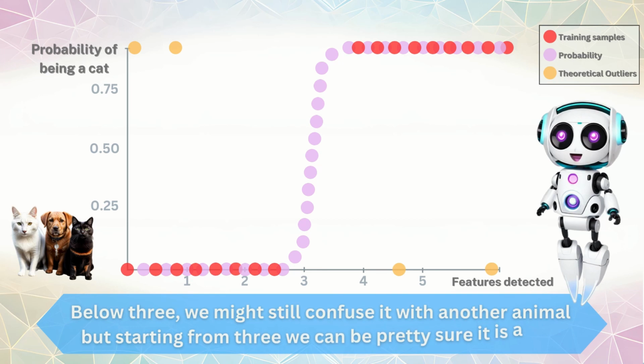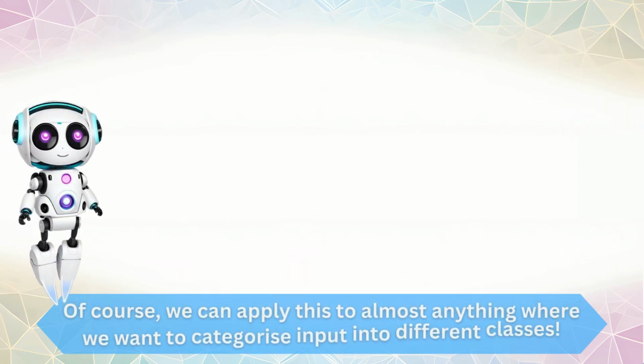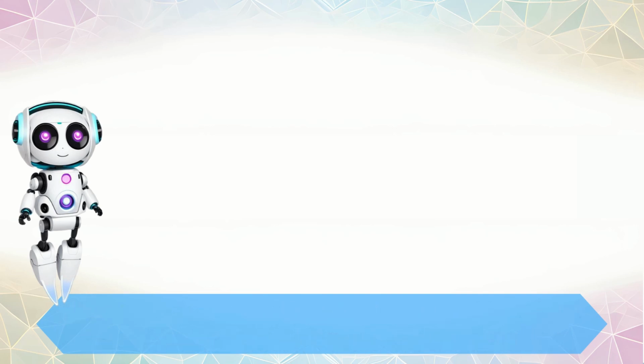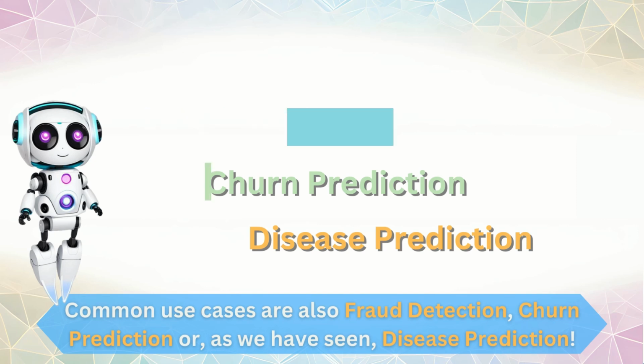Below 3, we might still confuse it with another animal, but starting from 3, we can be pretty sure it is a cat. Of course, we can apply this to almost anything where we want to categorize input into different classes. Common use cases are also fraud detection, churn prediction, or, as we have seen, disease prediction.